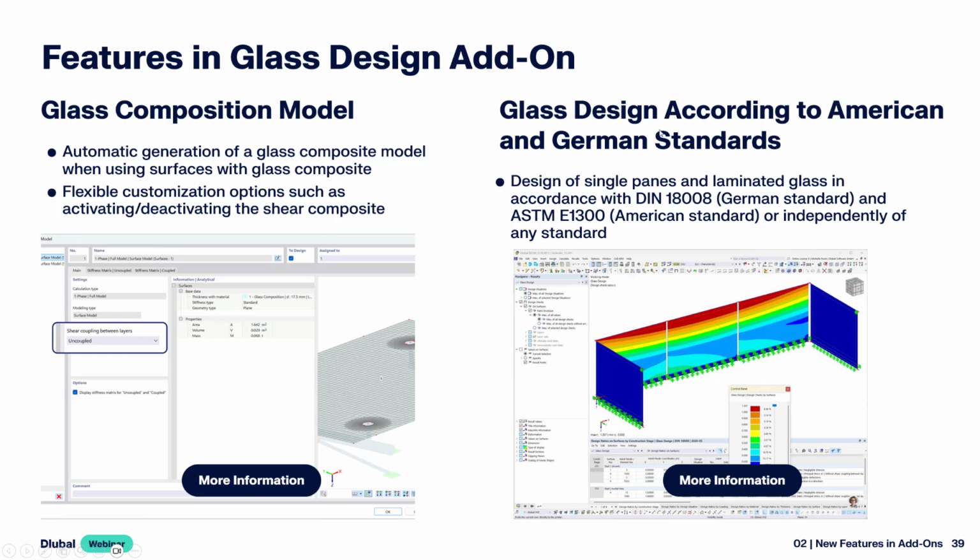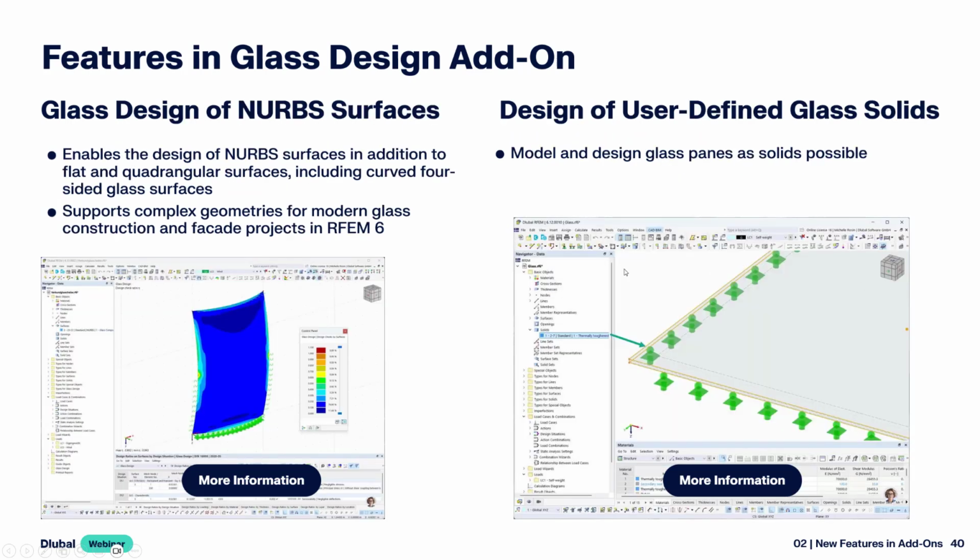Then you can do a glass design according to the American standard as well, and of course also the German standard. Then you can use NURBS surfaces. Now you are very flexible with the surfaces of the glasses. And you can design user-defined glass solids.